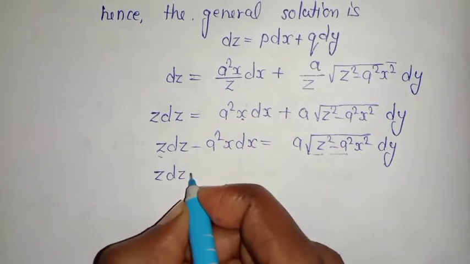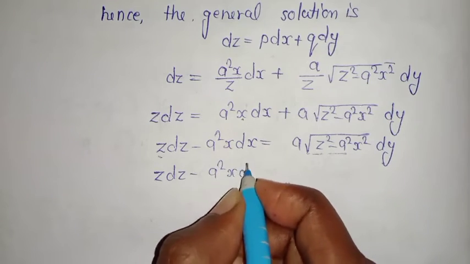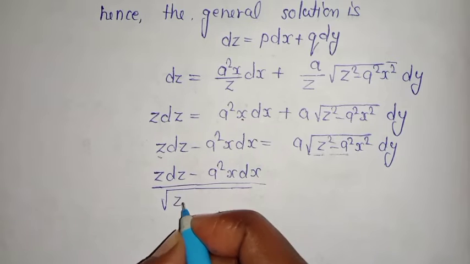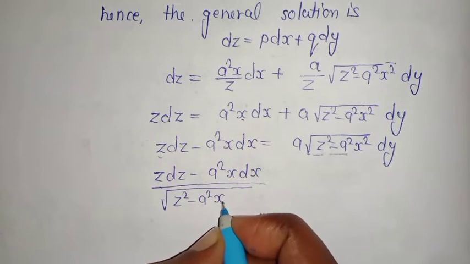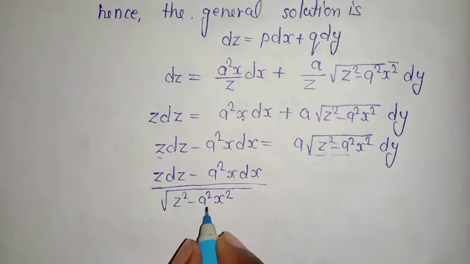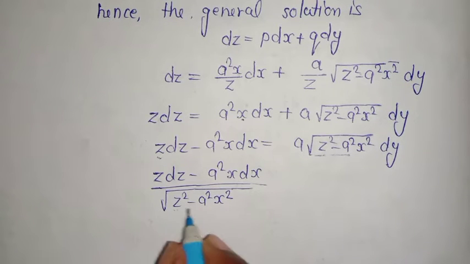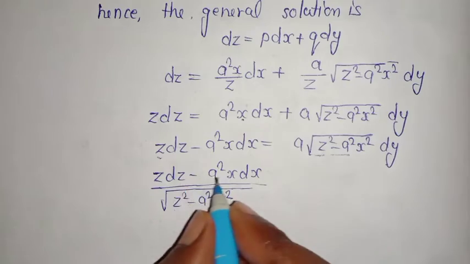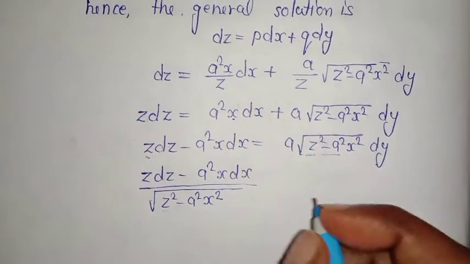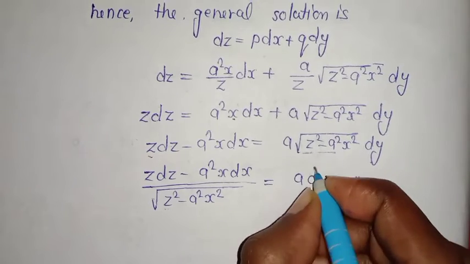So z dz minus a square x into dx upon root of z square minus a square x square. If we consider this term as t, then the differentiation of this term is in the numerator, so we can solve it by integration. And on the right side we are getting only a into dy.